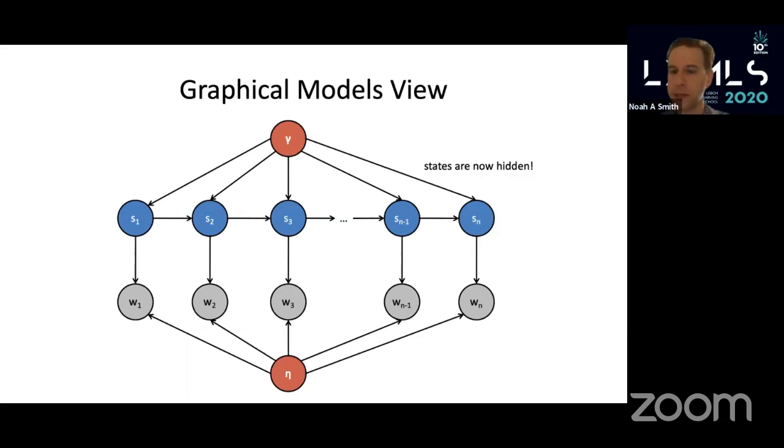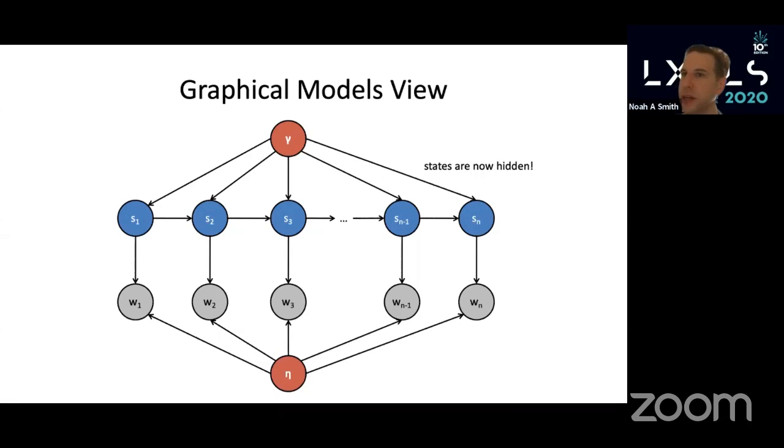I've added in the parameters, the gammas and the etas, and they're colored red because, just like in the supervised case, our interest was in choosing values or inferring values for the parameters gamma and eta. The only difference from the most recent case with supervised learning is that now the state random variables are all blue because we don't know their values.